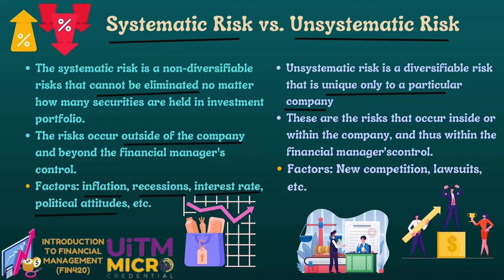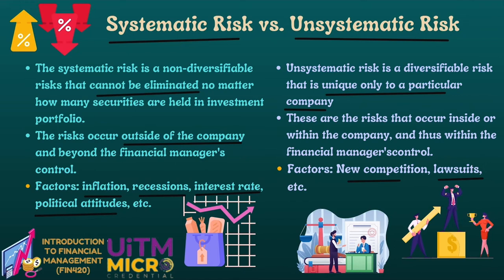Why is the financial manager able to eliminate the risk? It is because the risk is within the control of the financial manager, since it is inside of the organization. Examples of unsystematic risks are new competition from other companies and also lawsuits.